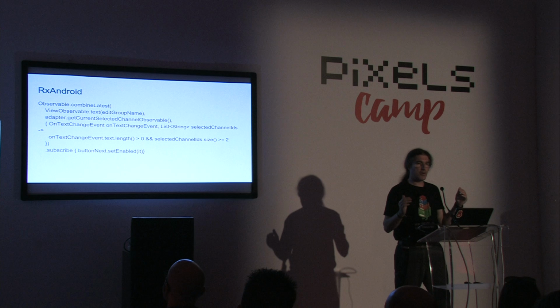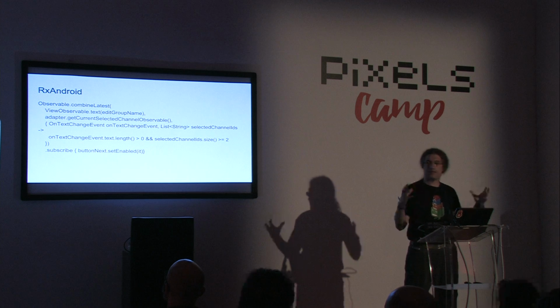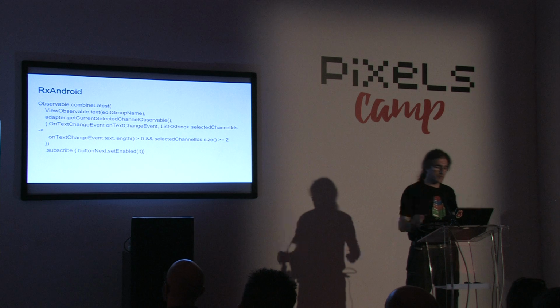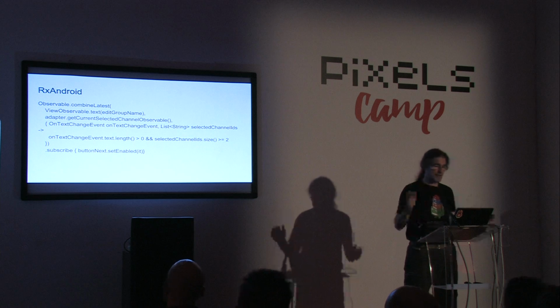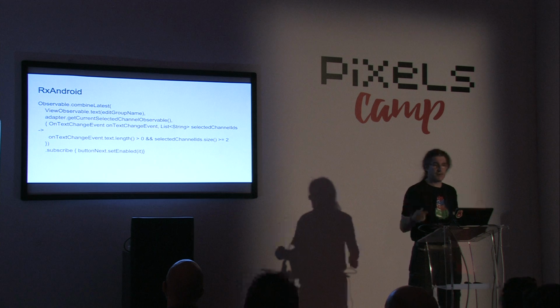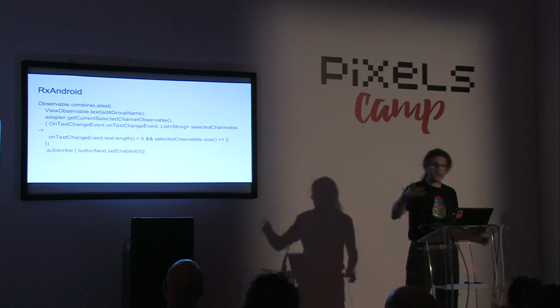Basically, you have an edit field that emits strings every time you type something in it. And by using that method, it turns it into an observable that emits the strings that the user is typing.